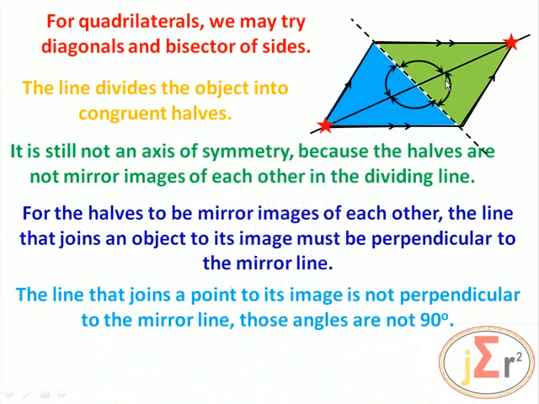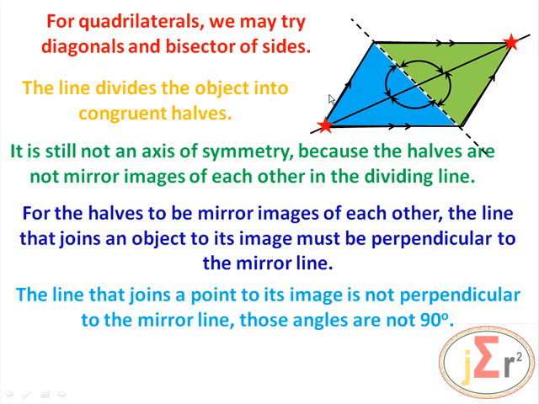The line that joins a point to its image is not perpendicular to the mirror line. Those angles are not equal to 90 degrees. The angles formed by the proposed axis of symmetry and the line joining a point to its image have to be perpendicular to each other.